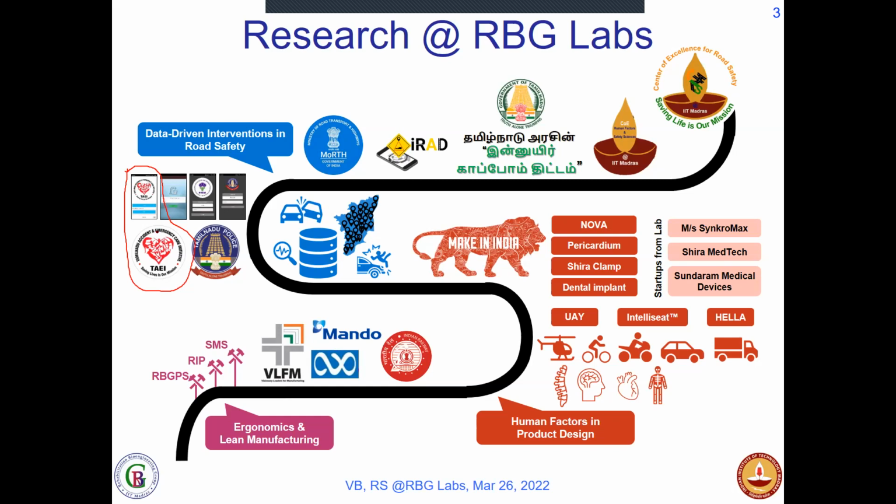So we started something called the Traffic Accident Database, TARA, in Tamil Nadu, which the Government of India adopted, and that went on to be called the Integrated Road Accident Database. The entire country, all the 700 odd districts, contribute.